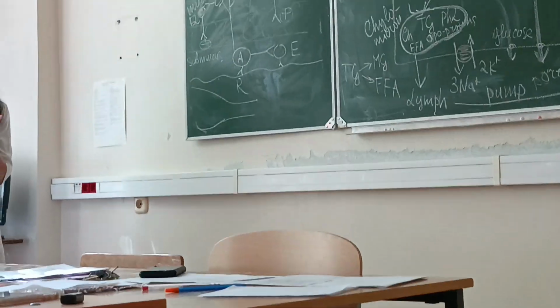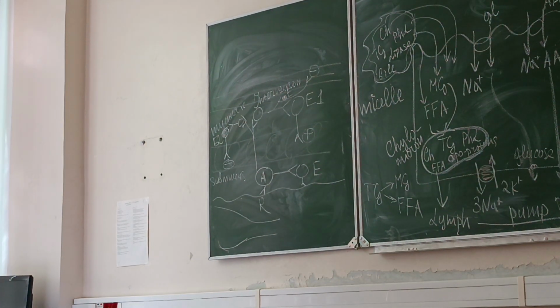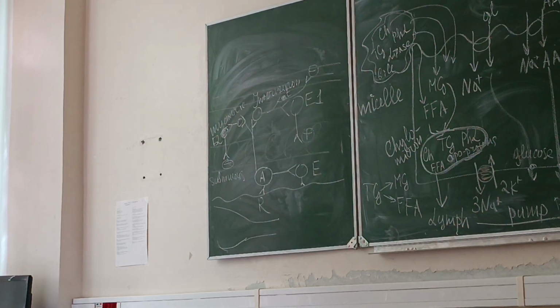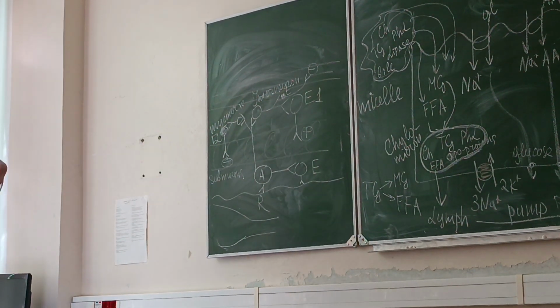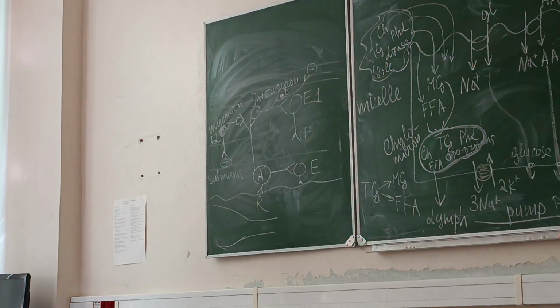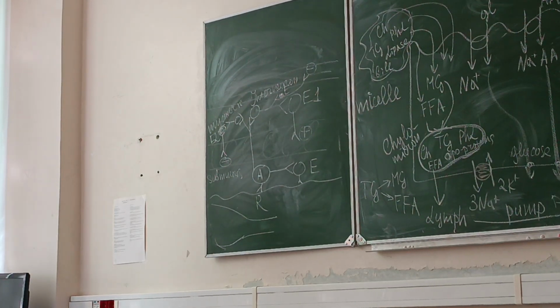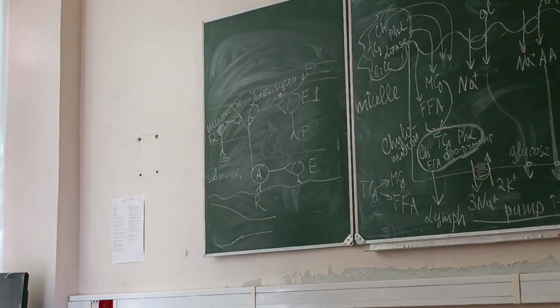If you damage the ventromedial hypothalamus, the animal starts to eat so much, but with time this eating behavior reduces and becomes stable.